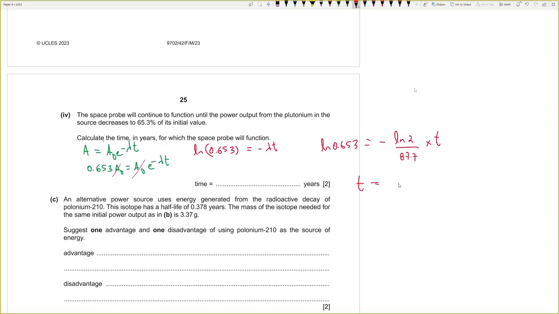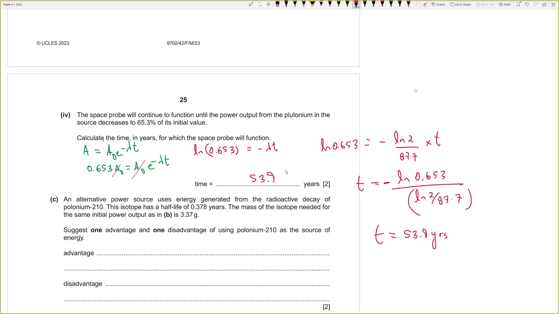So t is equal to minus ln 0.653 divided by ln 2 by 87.7. Let's do this. This gives us an answer of 53.9. T is equal to 53.9 years to 3SF, since the data is given to 3SF.